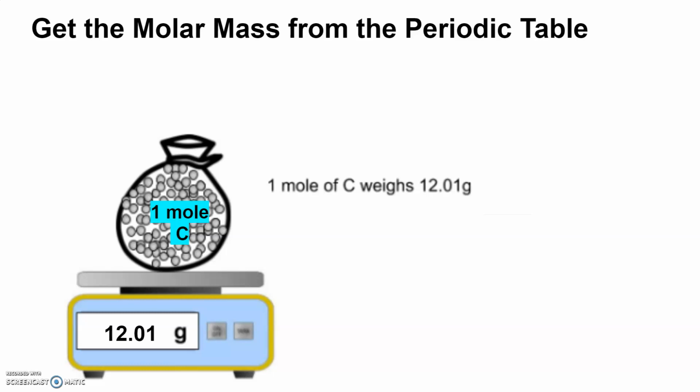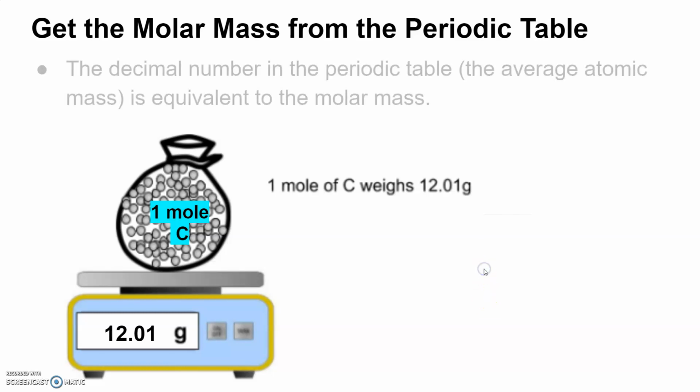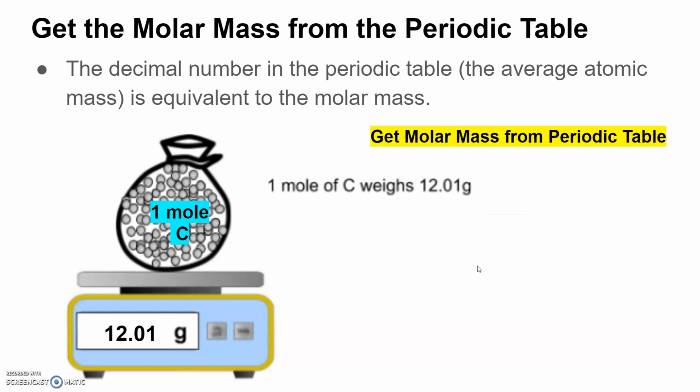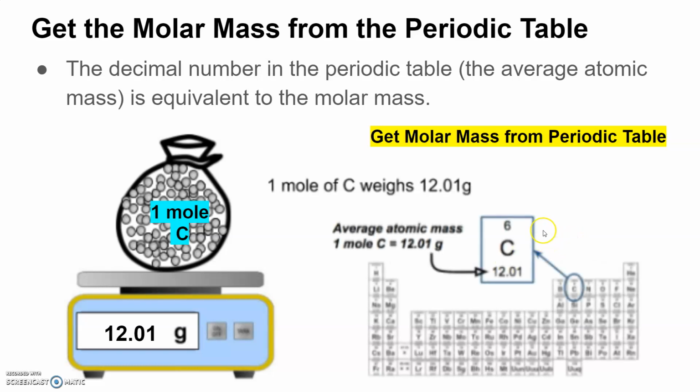Well, you can get that information from the periodic table. You know that decimal number on the periodic table that we've been avoiding for the first half of this class, the average atomic mass? That's equivalent to the molar mass. So if you look on a periodic table for that decimal number, here's carbon, 12.01, that tells you the molar mass of carbon is 12.01 grams per mole.